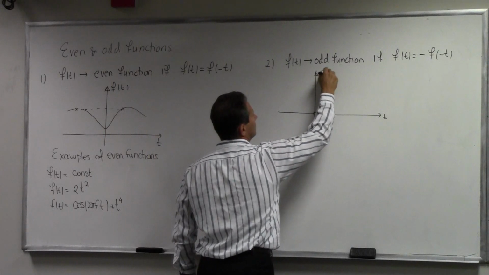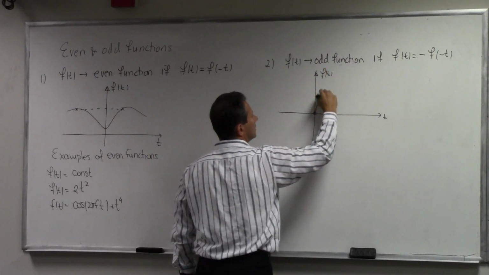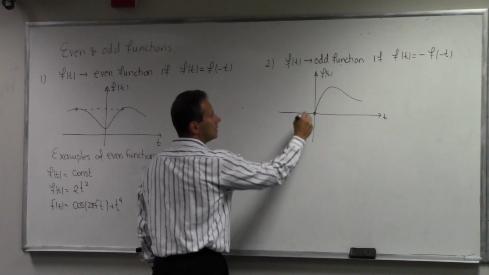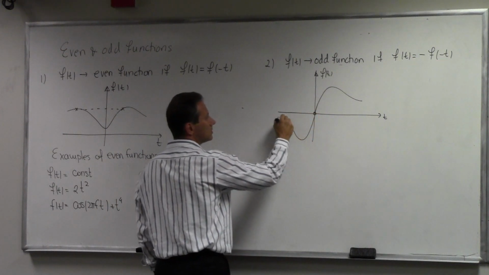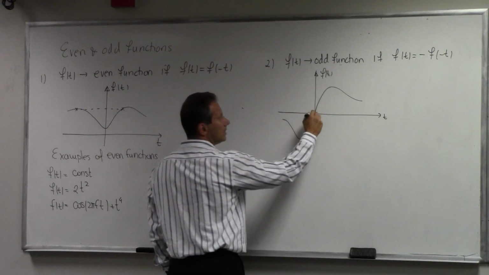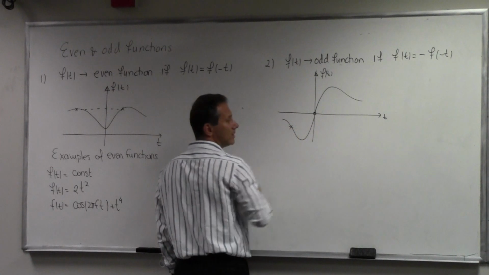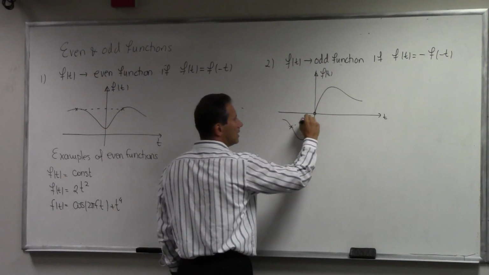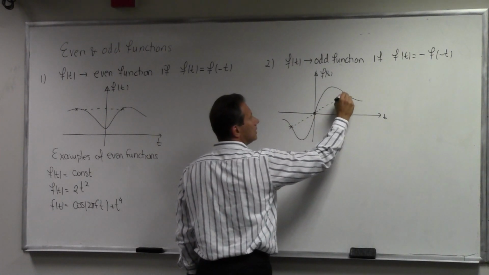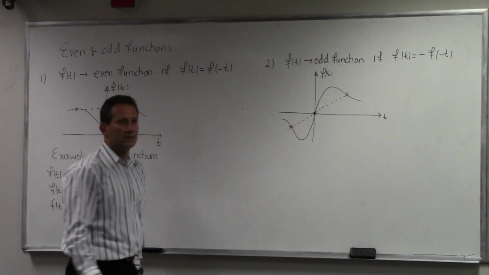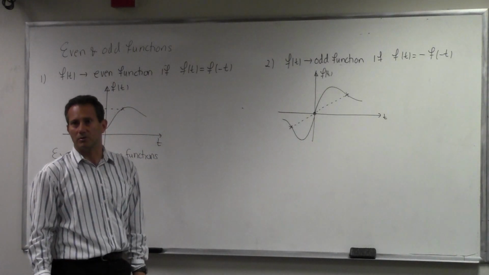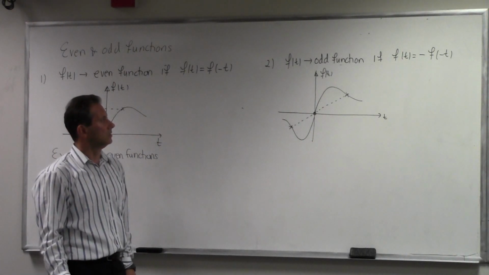So this is f of t. If the function looks like this on this side, then it will look like this on this side. So if you locate a point on one side and you draw a line through the origin, there will be a point on the other side with exactly the opposite value that belongs to this function.